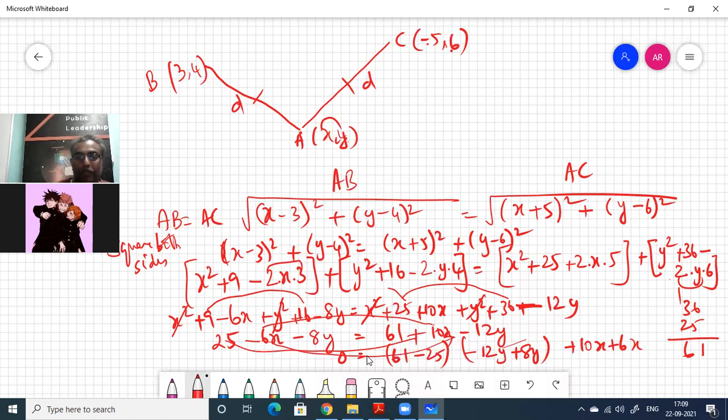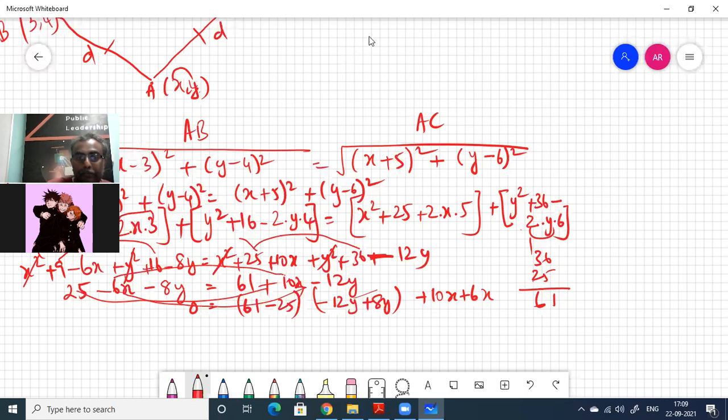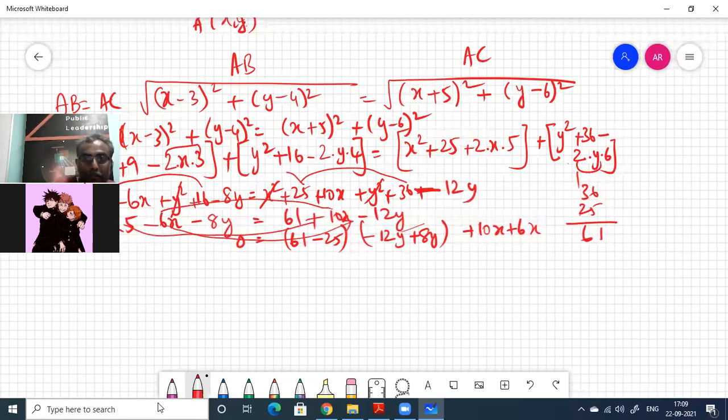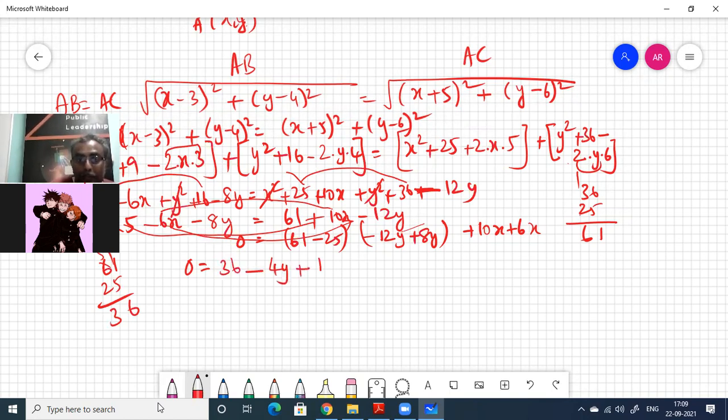Now 61 minus 25, how much? 36. So 36 minus 4y plus 16x.